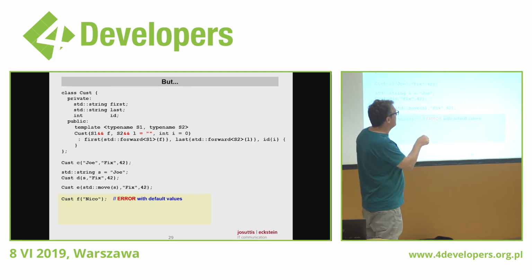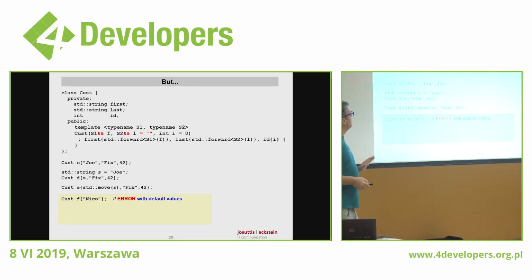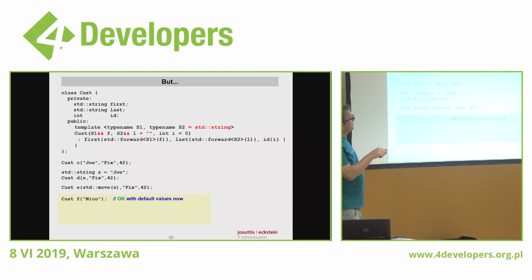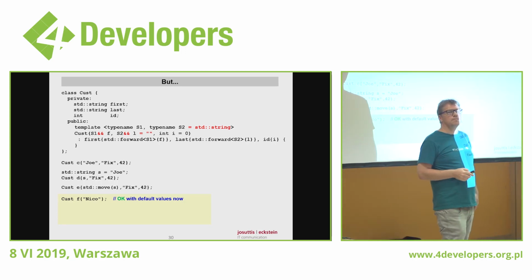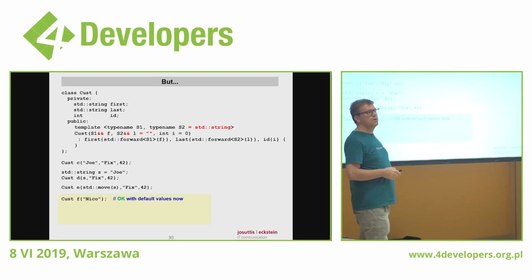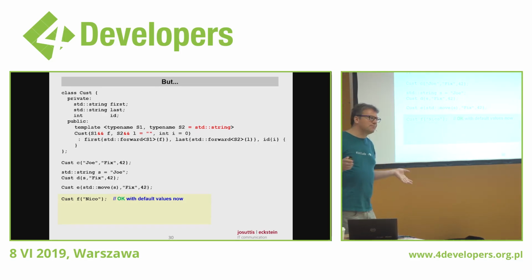Although there's a default, the type of this default is not used. So the first thing you have to do is add a corresponding default for the second type name here. Good, done.